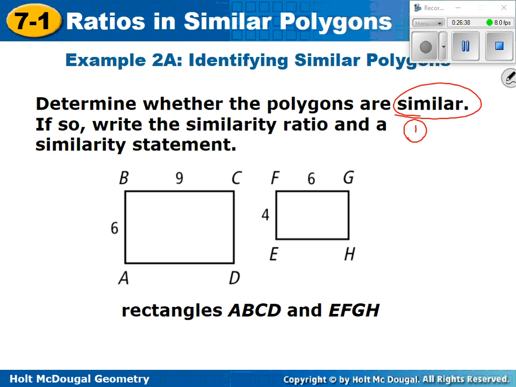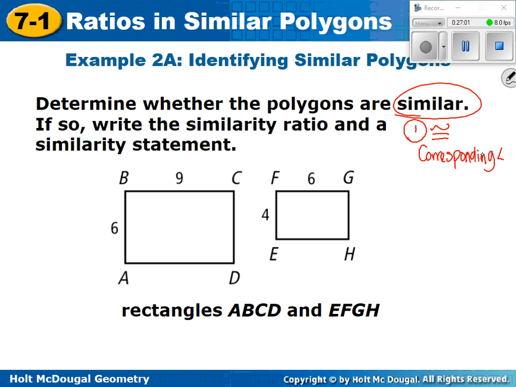Back to your definition of similar, though, once you know you have the same shape. Reese? What about the corresponding angles? Congruent. So the first thing we have to check is, do we have congruent corresponding angles?